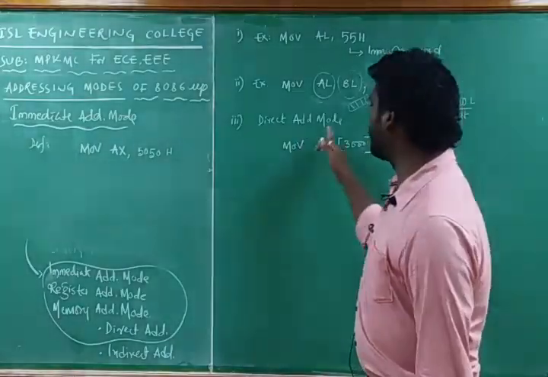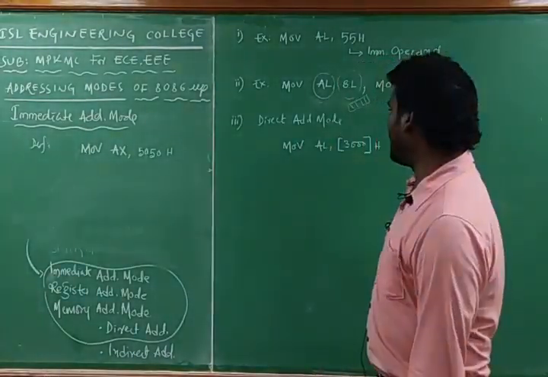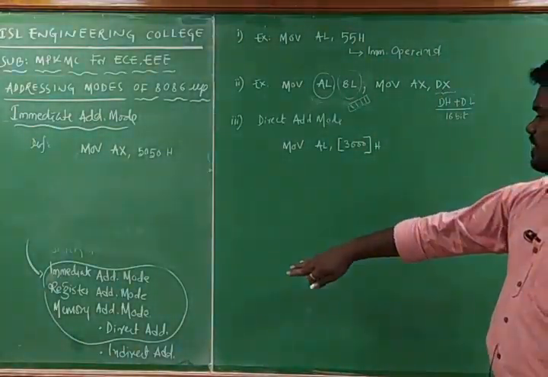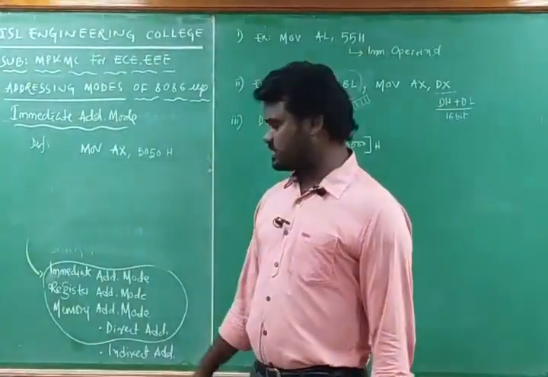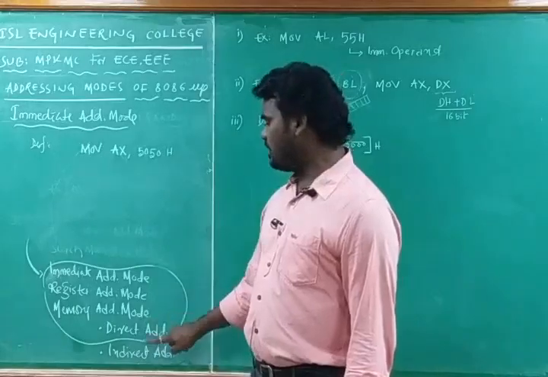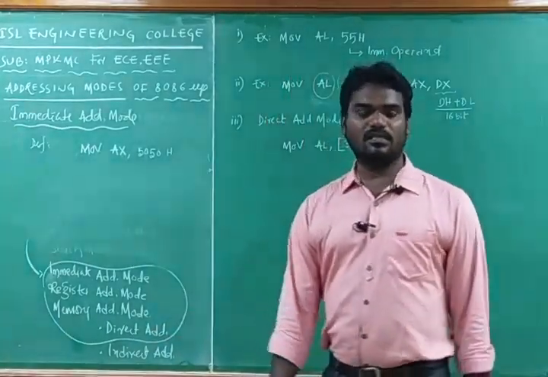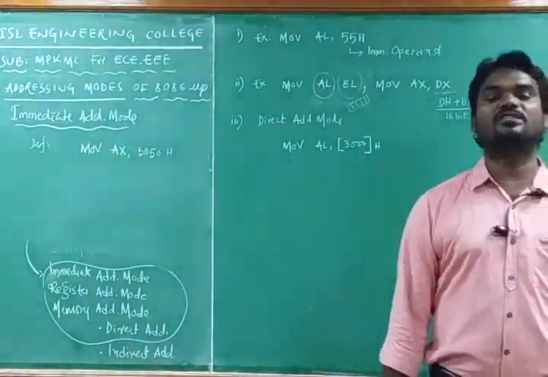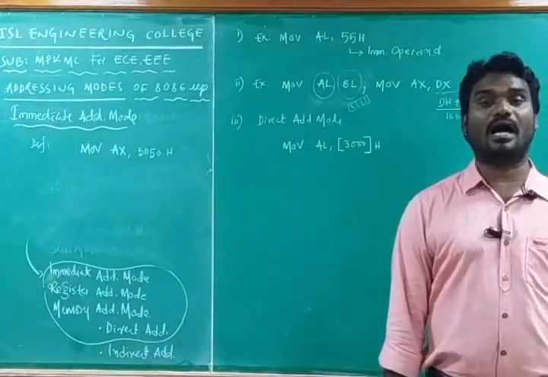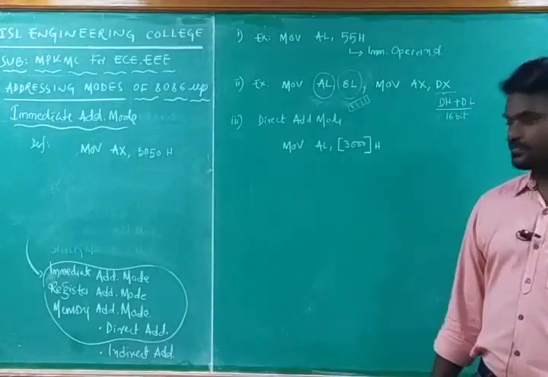Coming to the next one, direct addressing mode, which is in the memory addressing mode. First addressing mode is immediate addressing mode, second is register addressing mode, third is memory addressing mode. That means the 8086 microprocessor is going to access the operand from the memory.